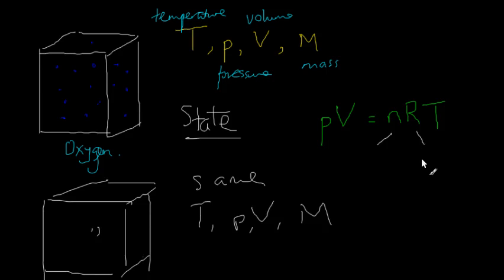Now, R is a fixed number. R is equal to 8.31, let's see, I hope I get this right, joules per mole. Joules per mole per Kelvin, actually.